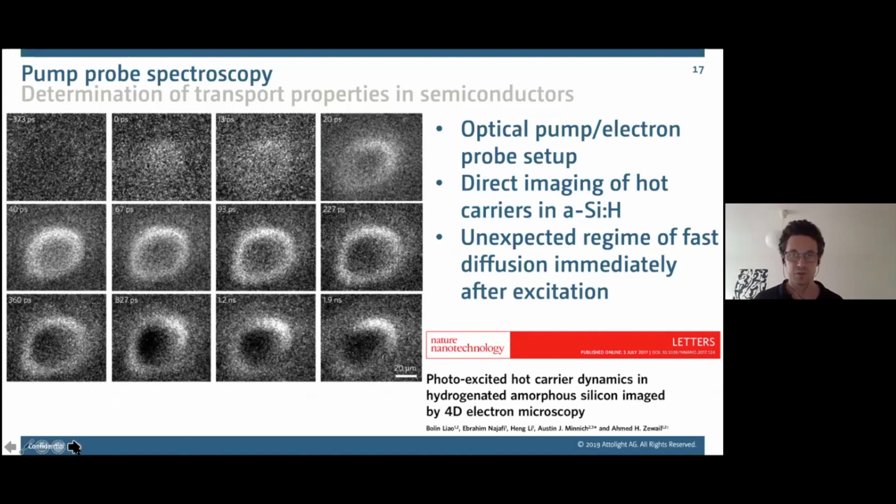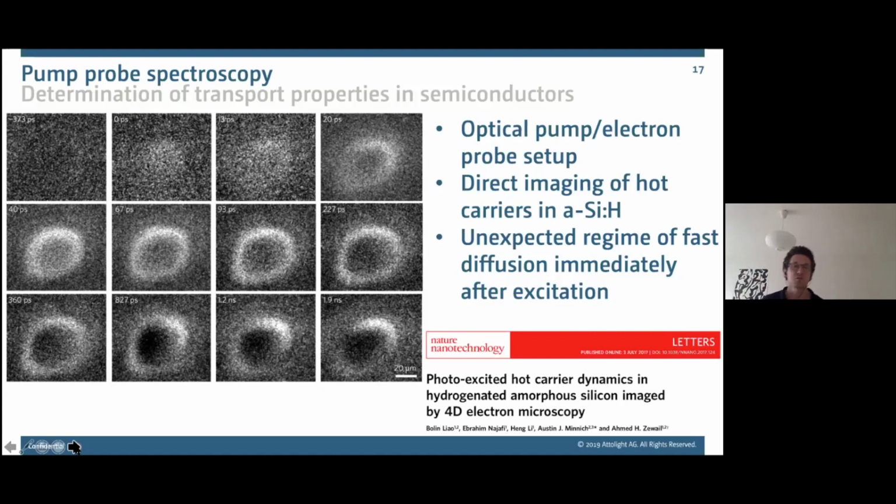This is a group at Caltech that was able to directly image the carrier generation and diffusion in amorphous silicon, and basically they were able to pinpoint an unexpected ultra-fast diffusion phenomenon in that material.